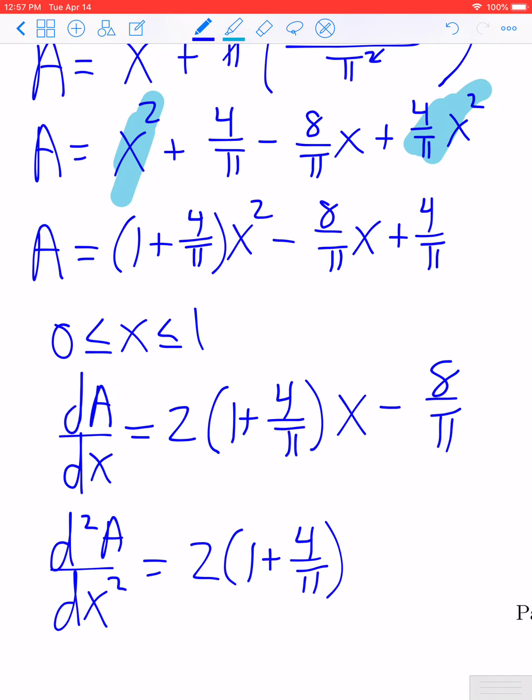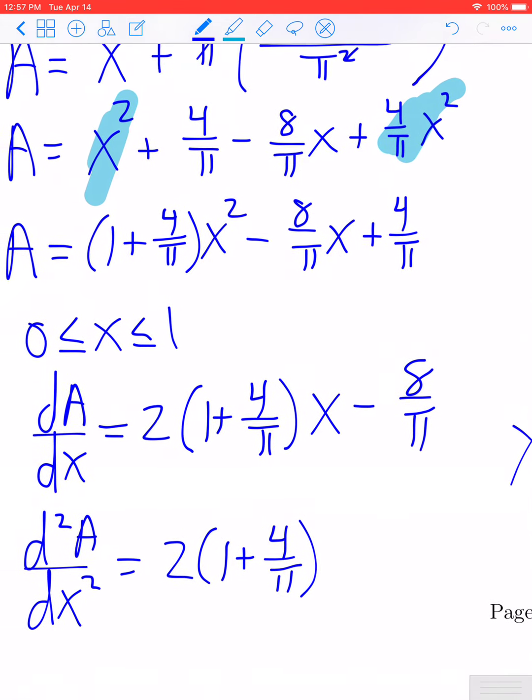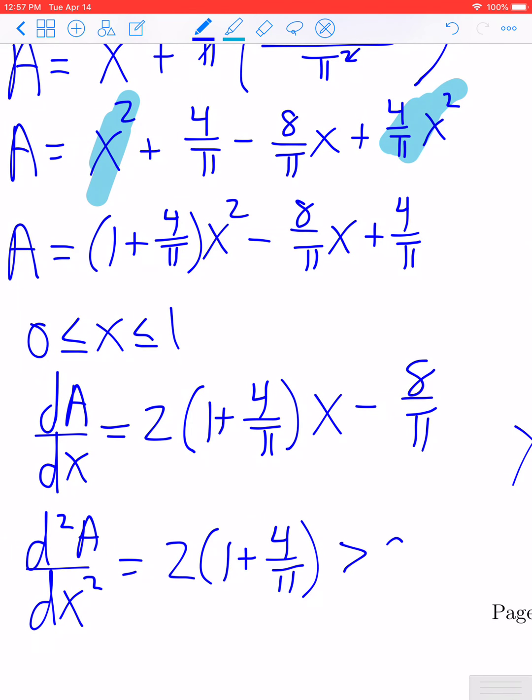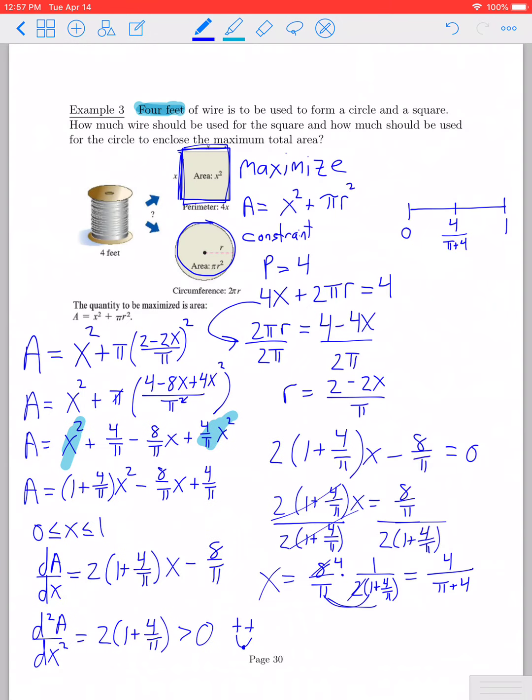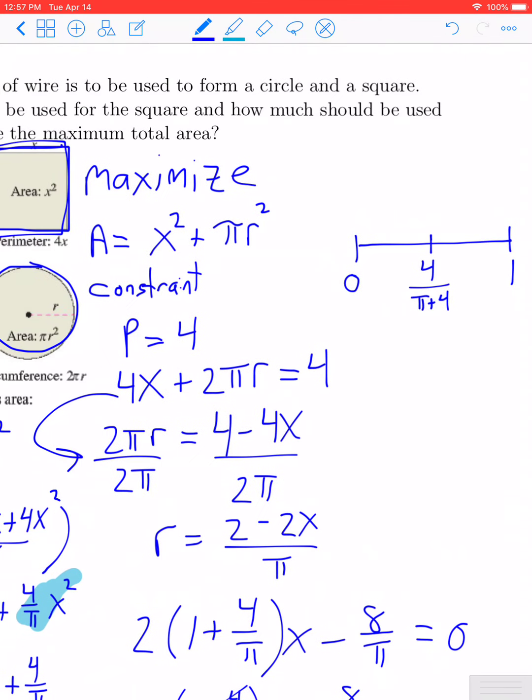If I evaluate that at our critical point, notice that this second derivative is always positive. So if our second derivative is positive at a critical point, then that's going to produce a minimum value, not the maximum that we were looking for. So it turns out that that is not going to be a maximum at all. We actually have a minimum here.